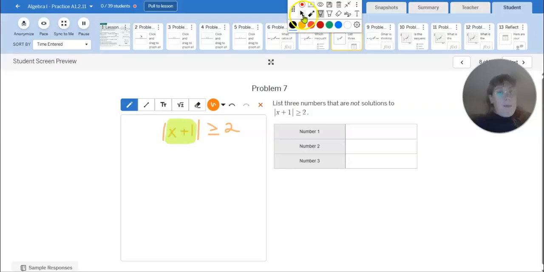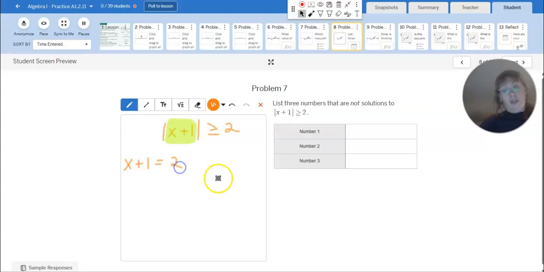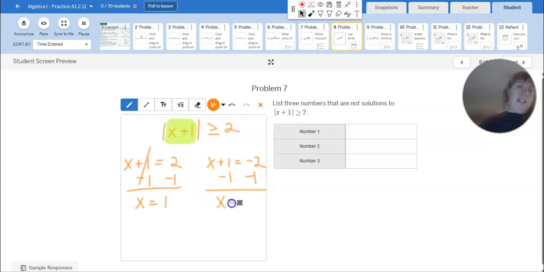So that means that x plus 1 is going to either equal 2 or x plus 1 is going to equal -2. If we subtract 1 on both sides, we get x equals 1. And if we subtract 1 over here, we get x equals -2 minus 1 is -3.